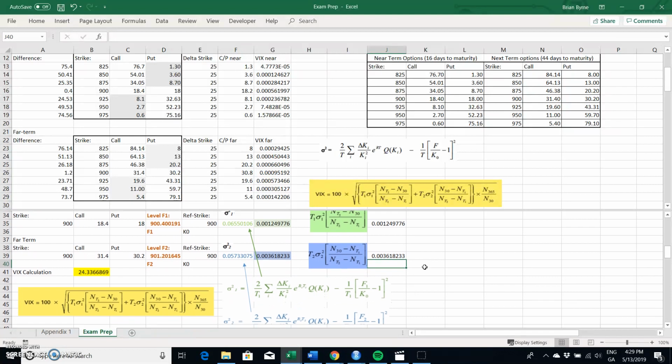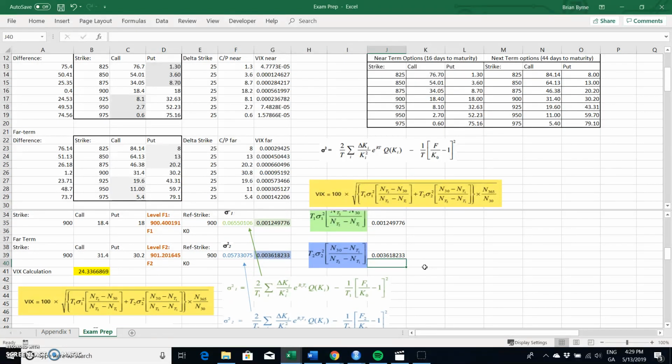And then the last part of this is to take both of those values. So in terms of running the VIX estimation, we take both of those estimates, create a bracket and then a second bracket.